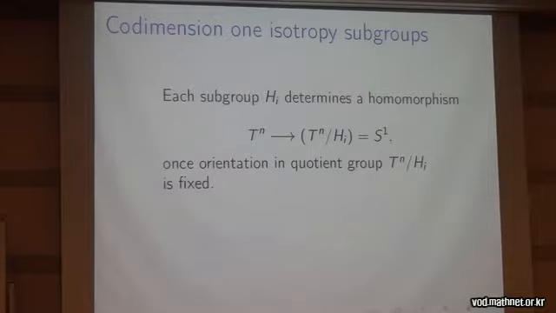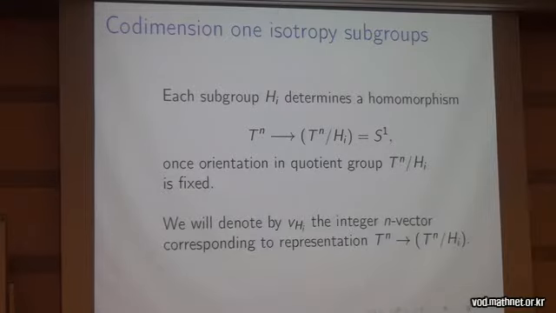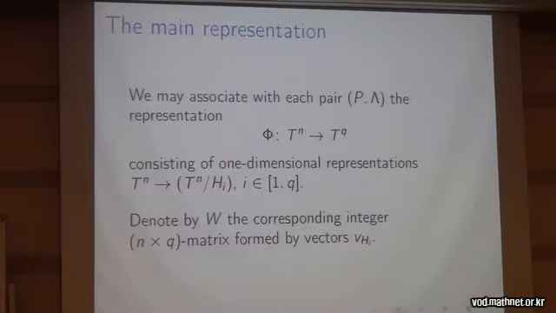Well, each subgroup H_i determines a homomorphism, a quotient map to the quotient group T^n by H_i, and clearly this homomorphism is determined by an n-vector. And we will consider a, say, composite representation from the torus T^n to the torus T^q.